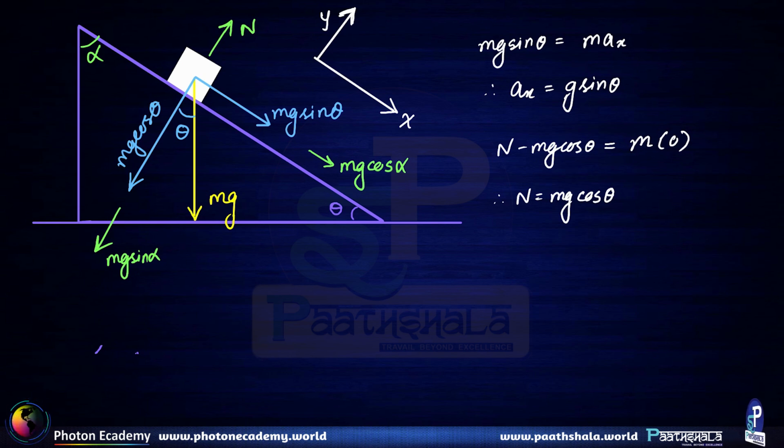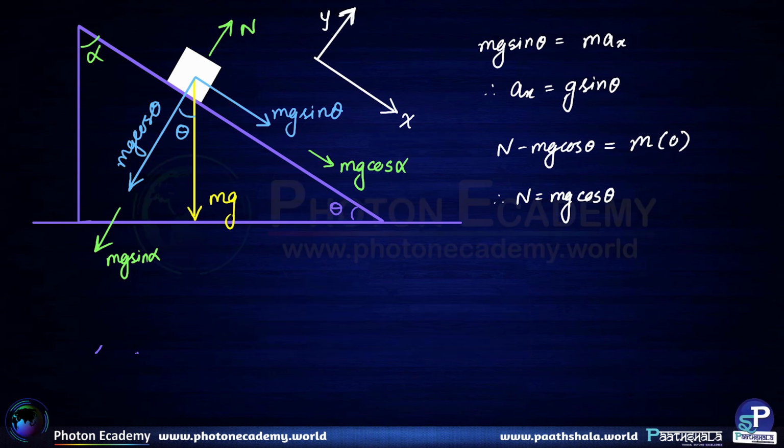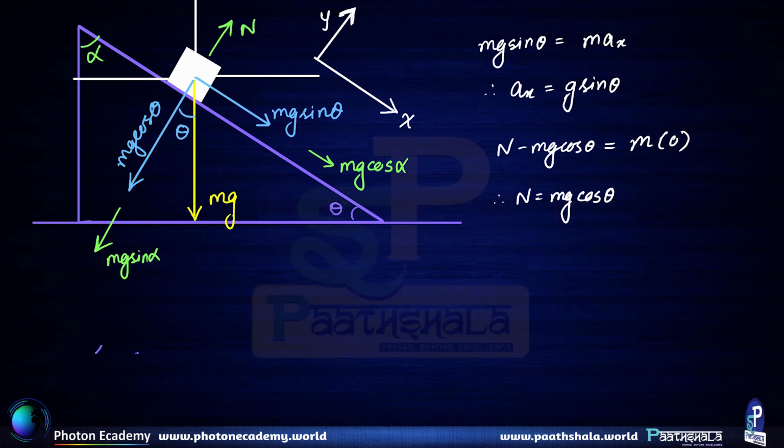Also, sometimes the resolution of the normal reaction along the horizontal and vertical direction is required. For us to be able to perform that, we need to understand that this particular angle also happens to be theta, and at the same time this particular angle also happens to be theta, and the vertically opposite angle, this also happens to be theta.